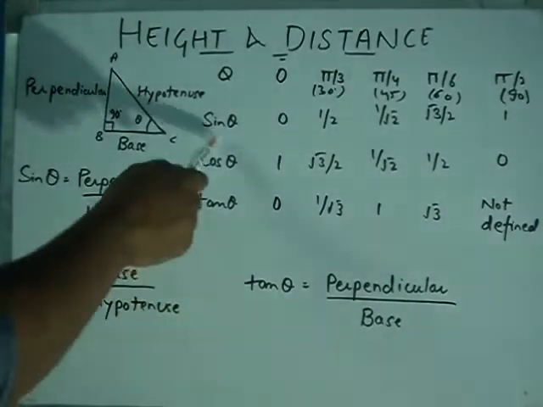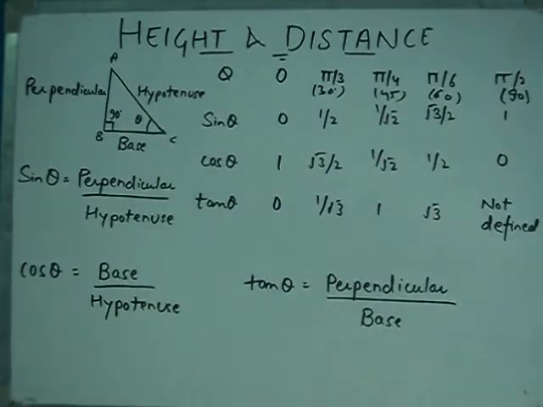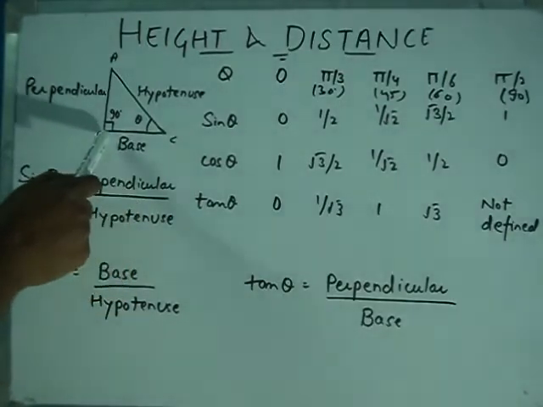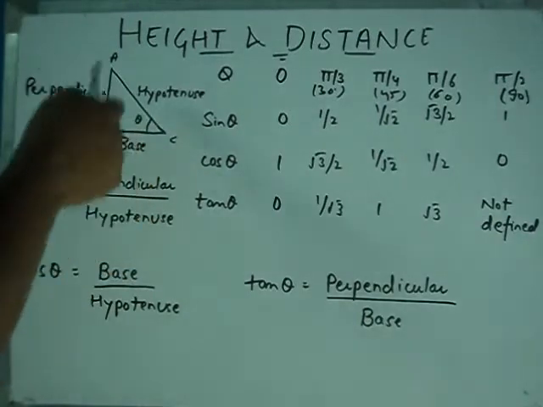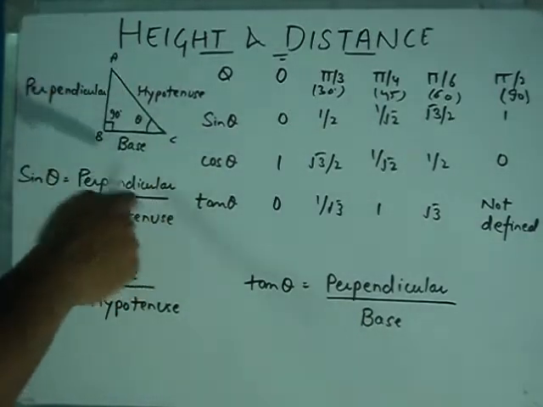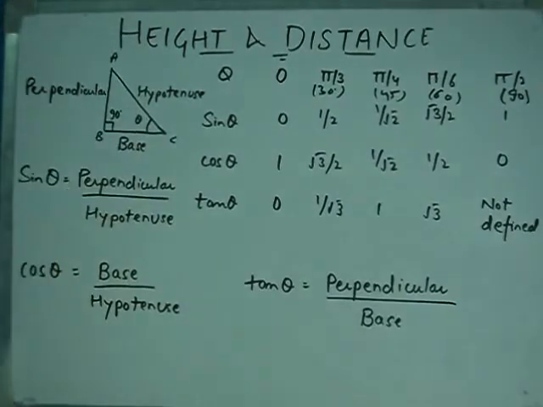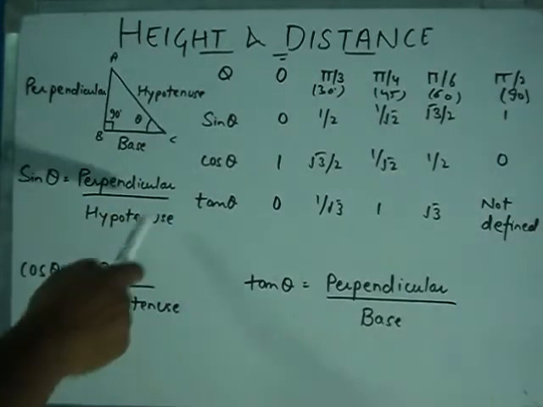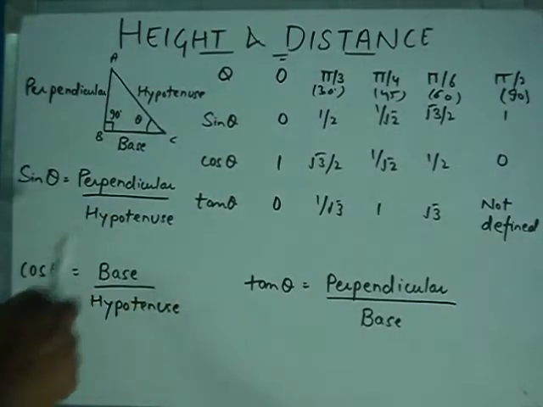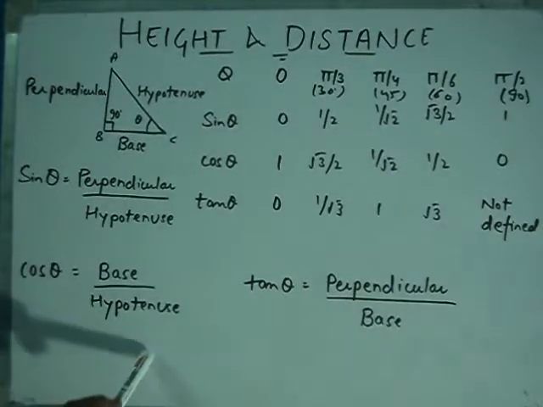Suppose we have to find the relation or formula of sin theta, cos theta and tan theta. We have a right angle triangle ABC, with 90 degrees at angle B and theta at angle C. Here are the perpendicular, base and hypotenuse. Sin theta is the ratio of perpendicular and hypotenuse. Cos theta is the ratio of base and hypotenuse, and tan theta is the ratio of perpendicular and base.